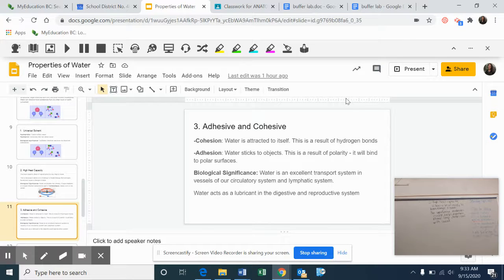This is kind of the third property. It's adhesive and cohesive.